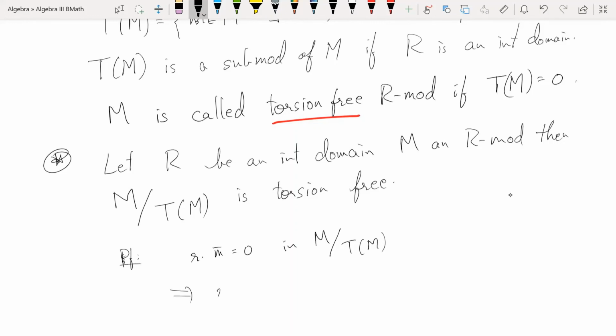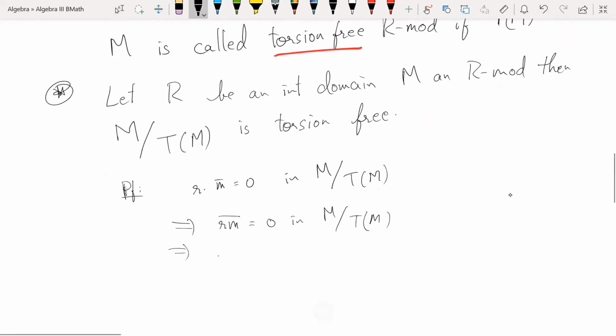This implies rm bar is 0 in M mod Tm, which implies rm is in Tm, the torsion part of M, which implies there exists r prime in R, r prime not equal to 0, such that r prime rm is 0.